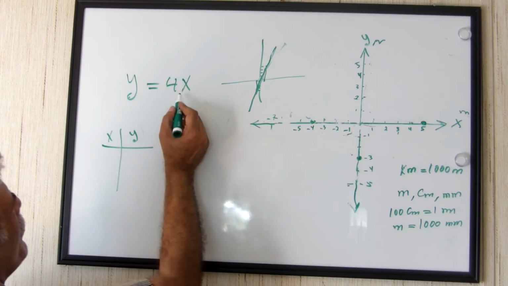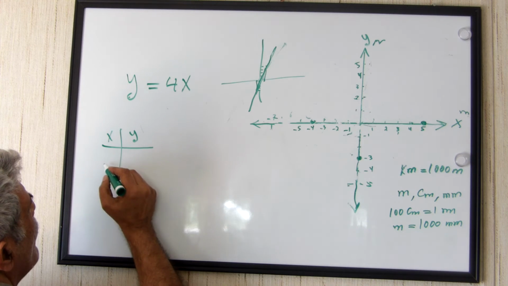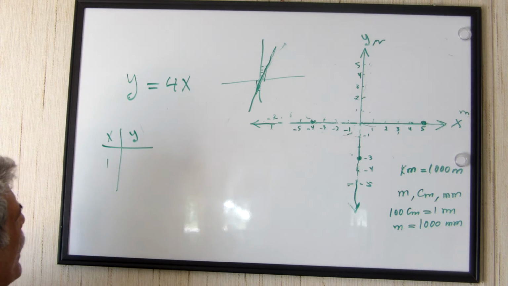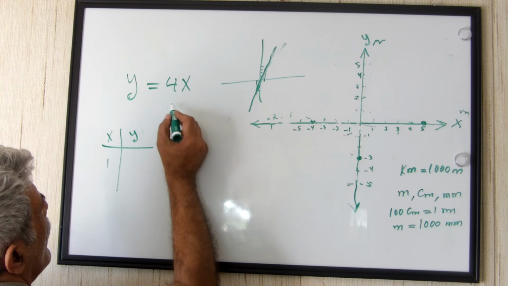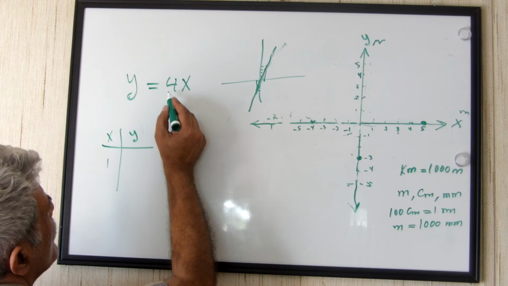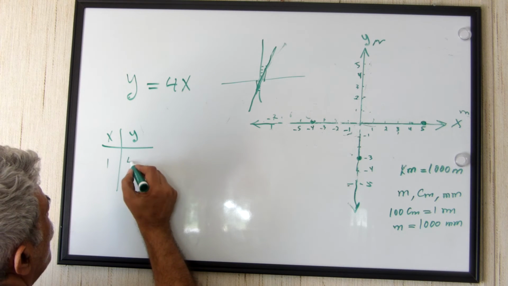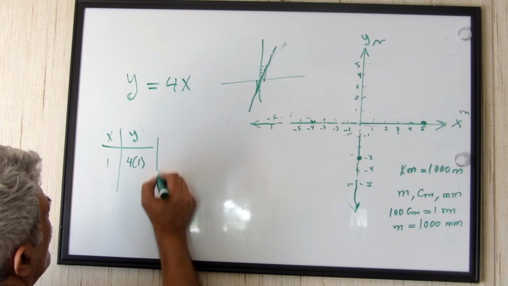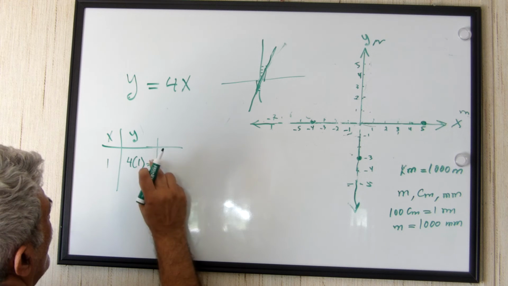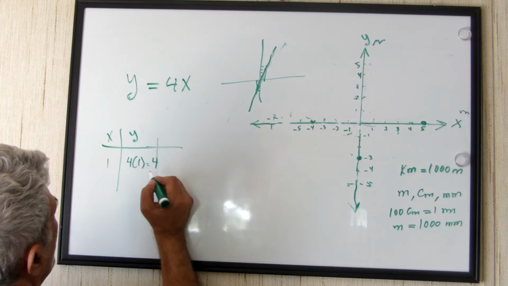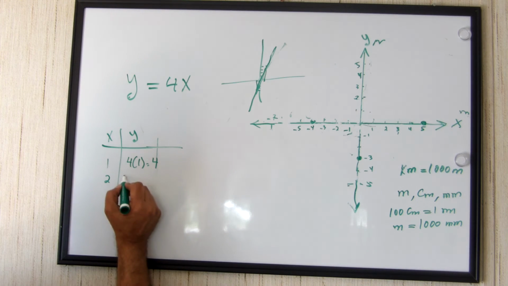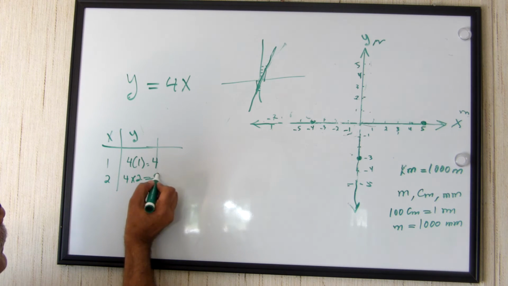We give a value of x. For example, if x is 1, what is y going to be? y is going to be 4 times x. So 4 times 1 is equal to 4. If we give 2, 4 times 2 is equal to 8.